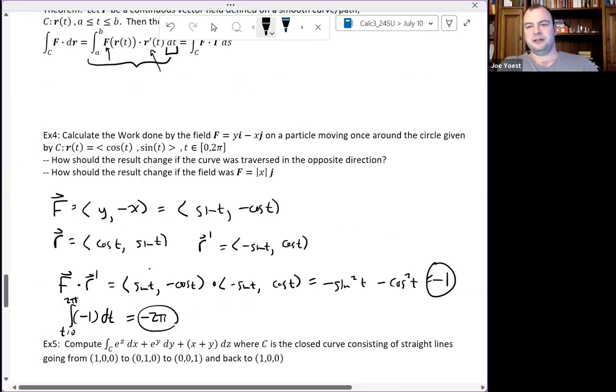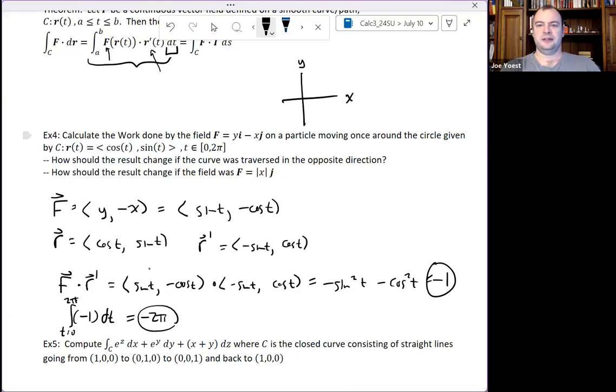So if I look at this vector field, let's draw this vector field and let's draw the path. All right, when x is 0, so along the y-axis, f is just y i. That means that f is only pointing horizontally when x is 0, when we're along the y-axis. And when y is more positive, it points more to the right. And when y is more negative, it points more to the left.